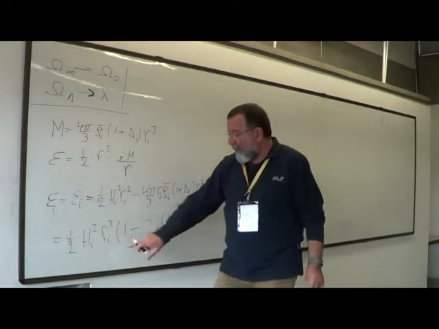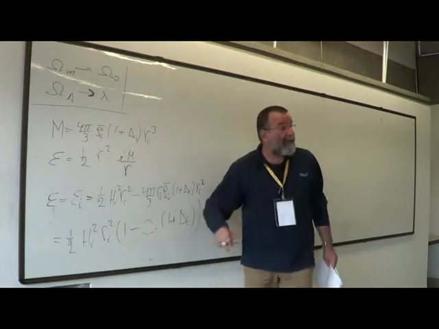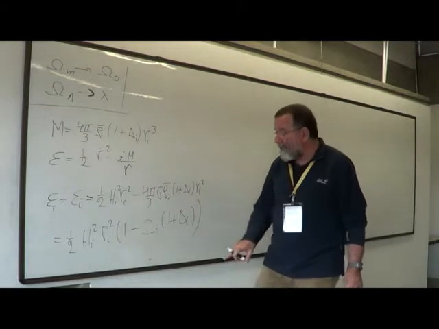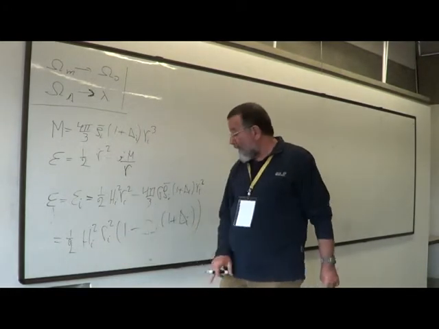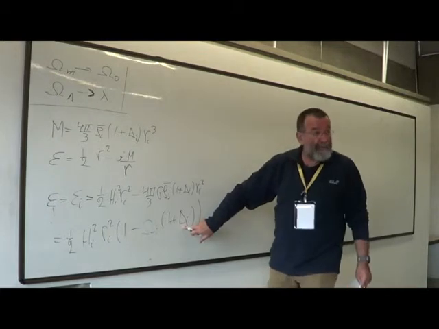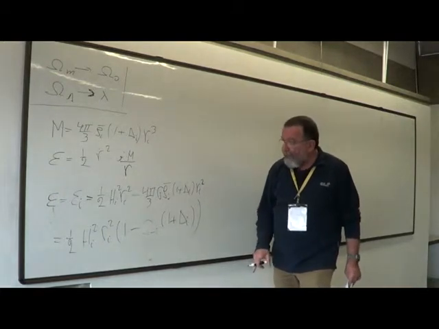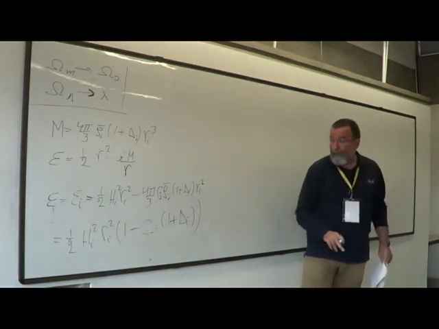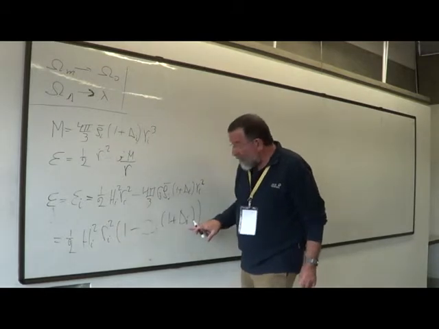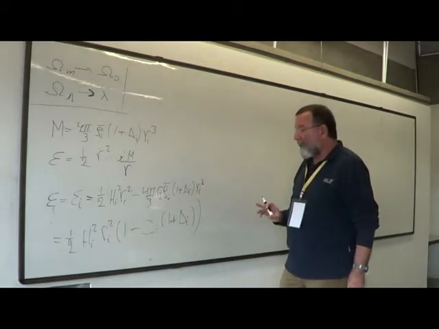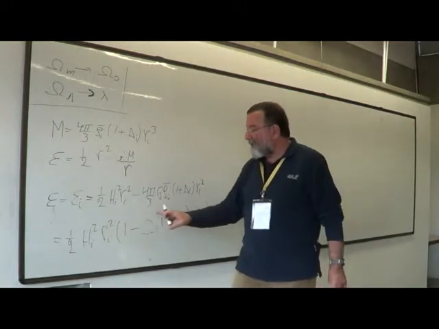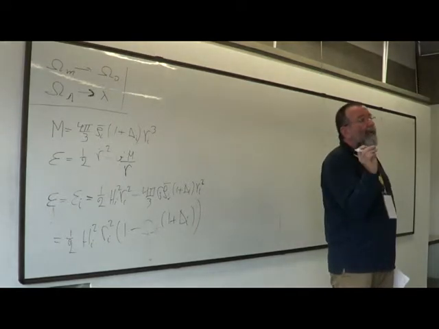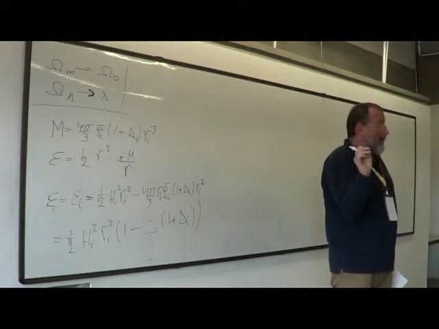Now I have here H I and omega I, which actually refer to the unperturbed universe. Okay, and so I have now a relation. R is going to change as a function of time. Delta I, whatever I choose for the initial perturbation, is going to change. So I can express the total energy by mixing the properties of the unperturbed universe and the perturbation that I'm choosing. Now I want to say one thing that is critical here. The choice that I made of assuming that there is no initial velocity perturbation is one possible choice.